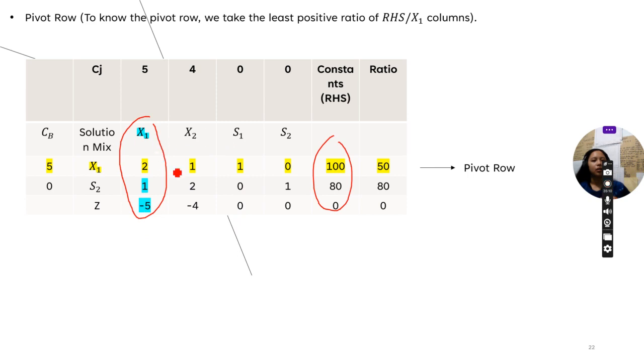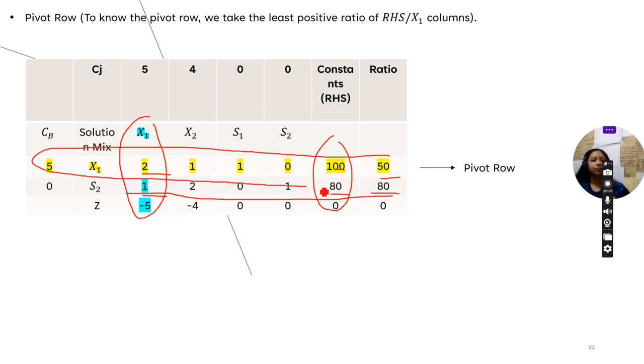100 divided by 2 is 50, and 80 divided by 1 is 80. 0 divided by negative is not considered. So our pivot row now is this, because 50 is less than 80.